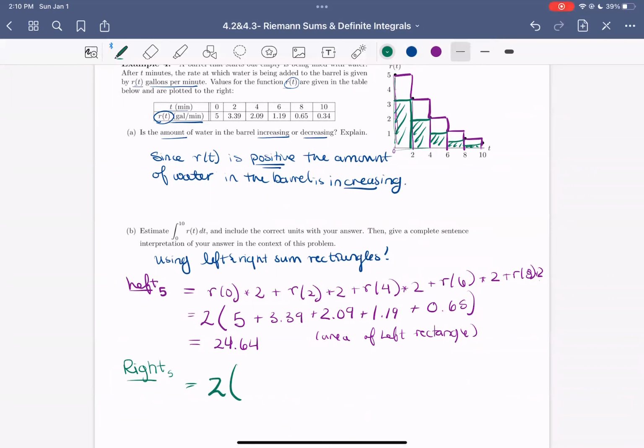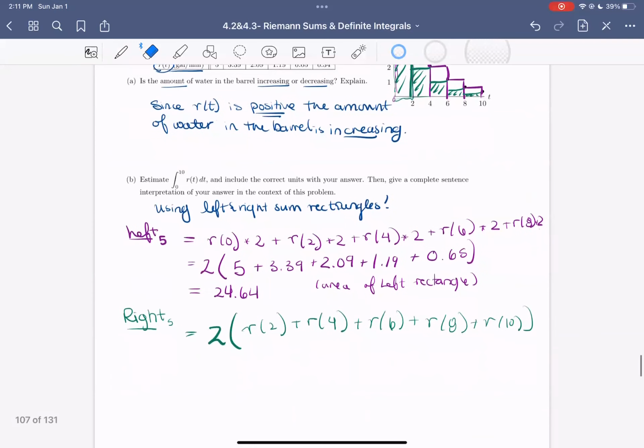We're still going to have 2 as each width. So I'm just going to go ahead and factor 2 out. Then we're going to have r of 2. Here we start with the right endpoint. So the height we start with is r of 2 plus r of 4 plus r of 6 plus r of 8 plus r of 10.